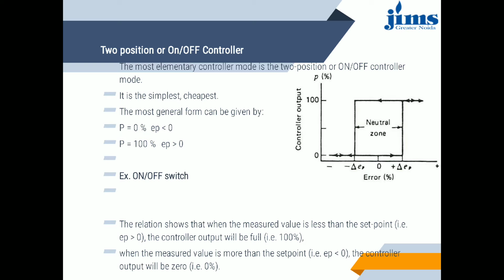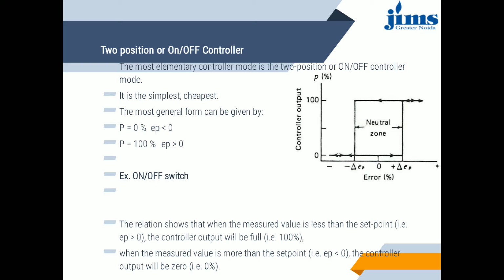This span of error is also known as dead zone or dead band. Similarly, while decreasing, the error must decrease beyond del E below 0 to change the controller output. Hence, during twice del E, there is no change in controller output. This zone is known as the differential gap.